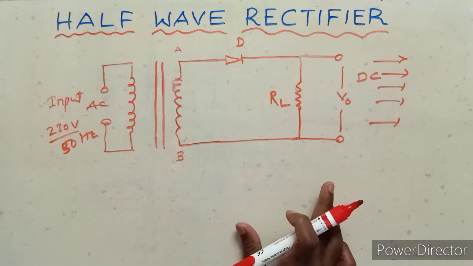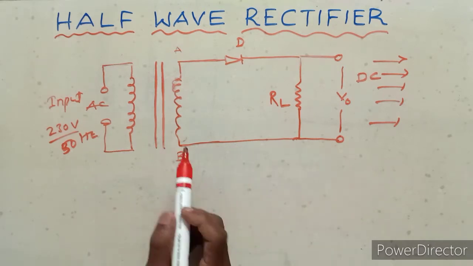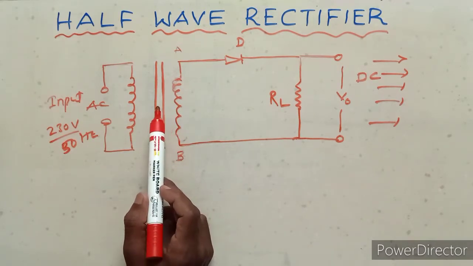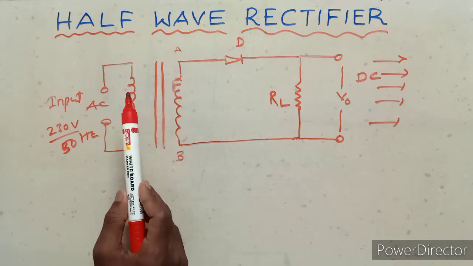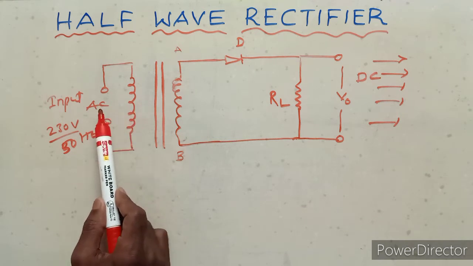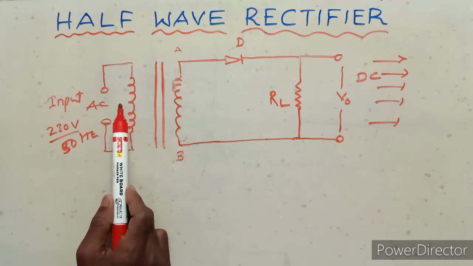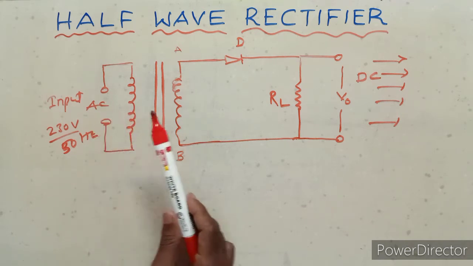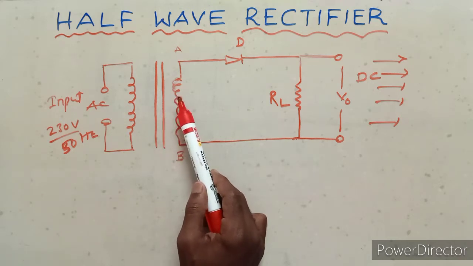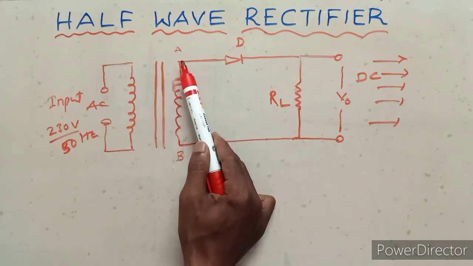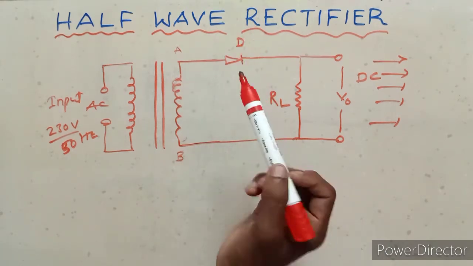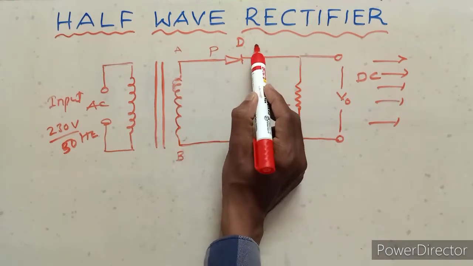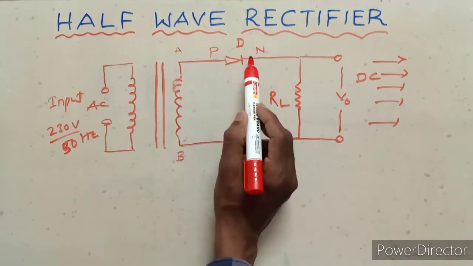Half-wave rectifier circuit consists of a transformer. The primary coil is connected to the AC current, and secondary coil end point A is connected to P type of semiconductor. This is the P type of semiconductor, this is the N type of semiconductor, this is the PN junction diode.